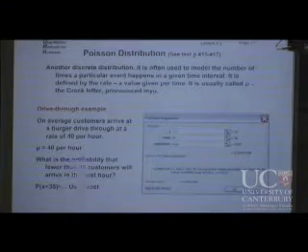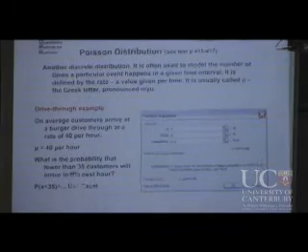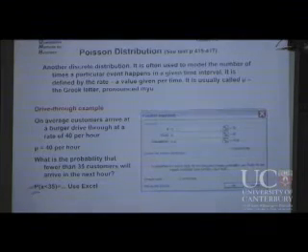Okay, so on average, customers arrive at a burger drive-through at the rate of 40 per hour. We've got this mu. What is the probability that fewer than 35 customers will arrive in the next hour? So we want to know the probability that X is less than 35. We use Excel by typing equals POISSON, and then open brackets.